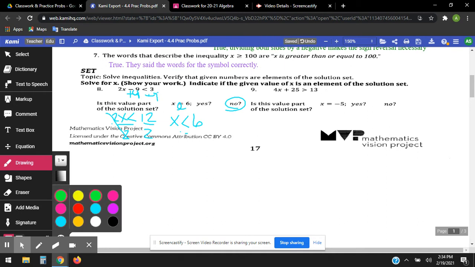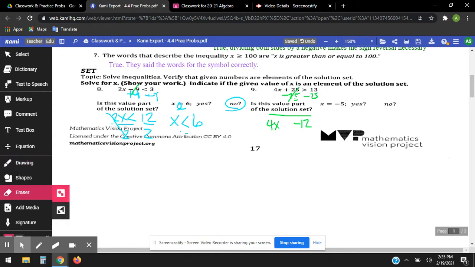Okay, so it's saying -5 is possibly our answer. I want to subtract 25 since I'm trying to get that x by itself. Those cancel. 13 minus 25 is -12. So 4x is greater than -12.